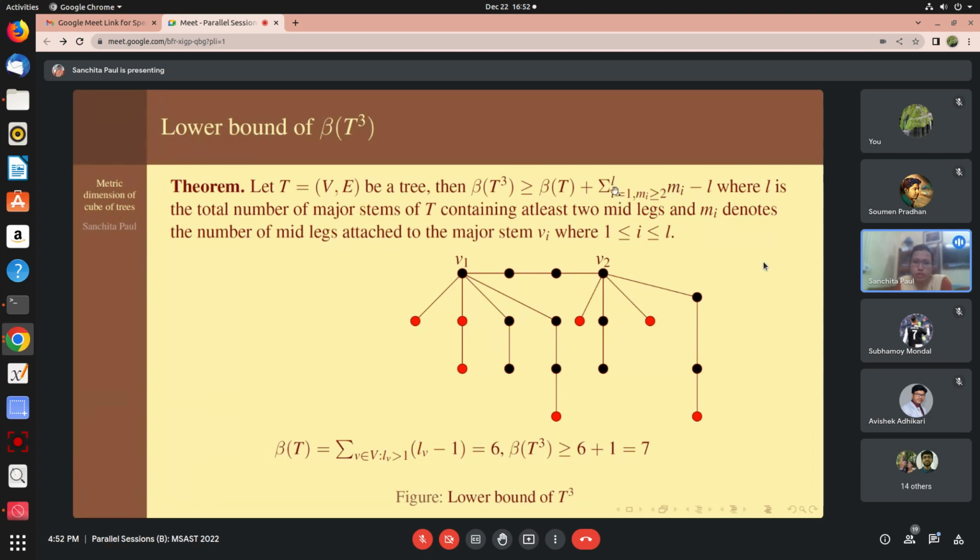If you compute this, beta(T) is 6, as we computed for the last case, but this summation is 2 minus 1, that is 1. That's why it is 7. So the extra inserted vertex is this one, which is at distance one from v_1 on the mid leg.